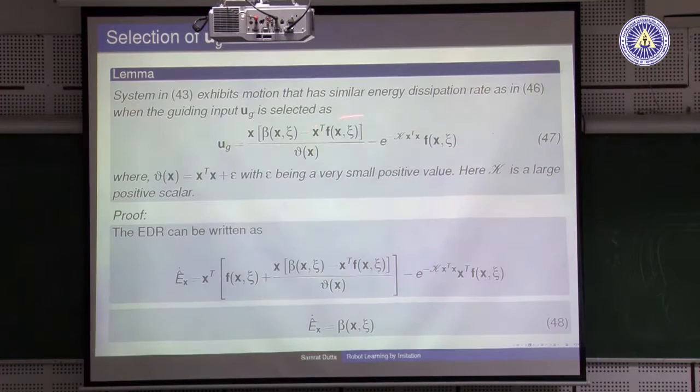So, when you use this term in the control law, whatever energy dissipation rate we showed to the robot during the demonstration is maintained, right. Our job is not done yet, but we have approached a bit. We have ensured that energy is decreasing in the same way.